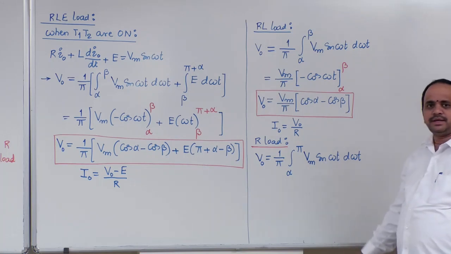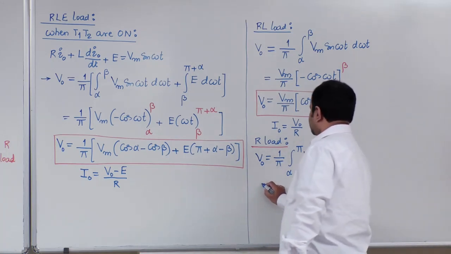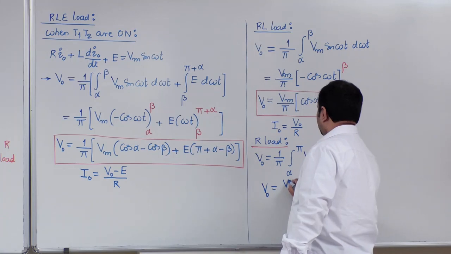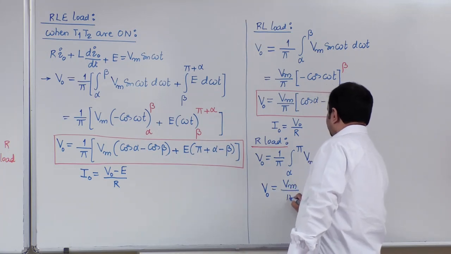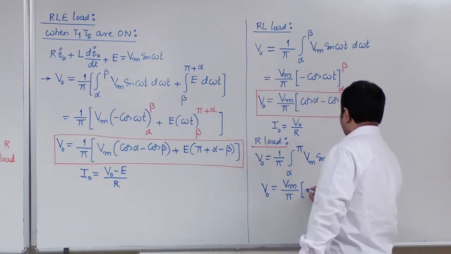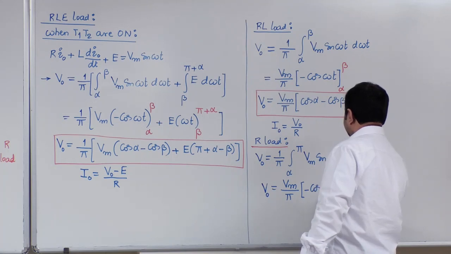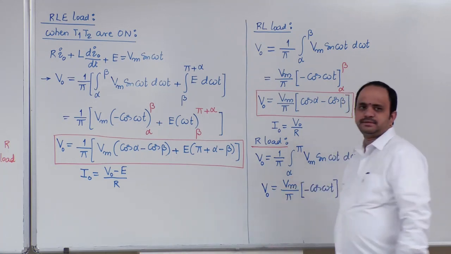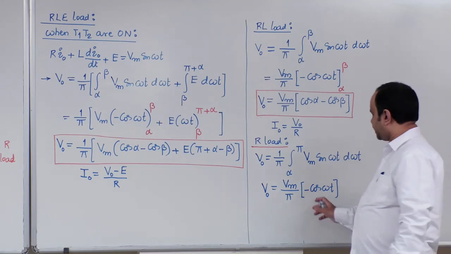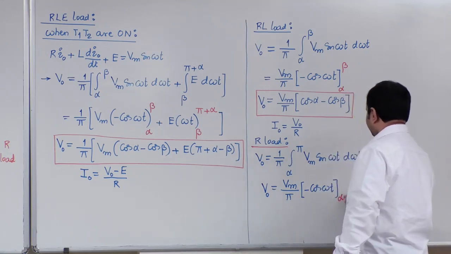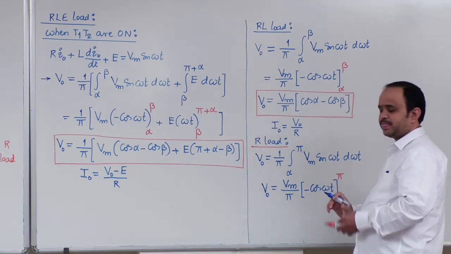It will give V naught equal to Vm by pi into minus cos omega t, with limits from alpha to pi.